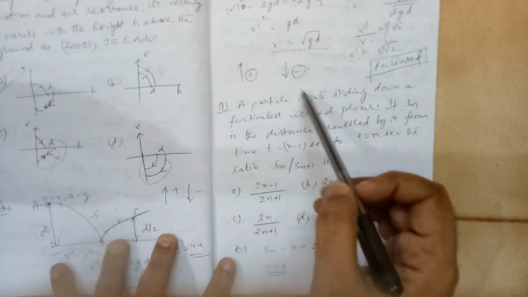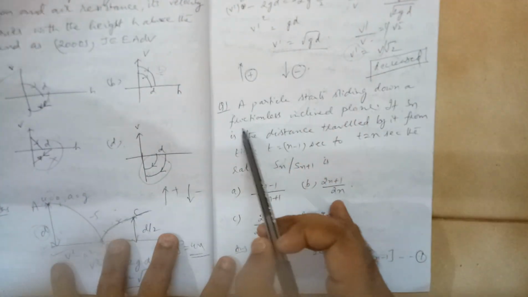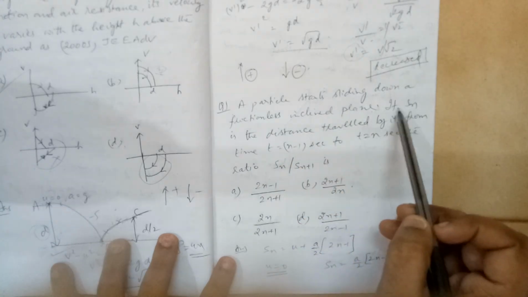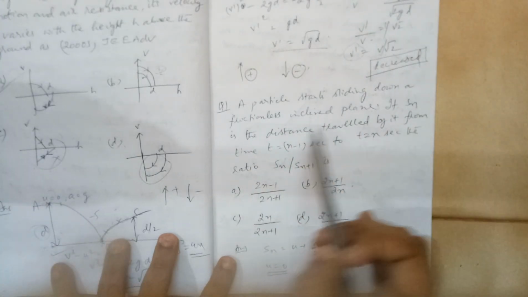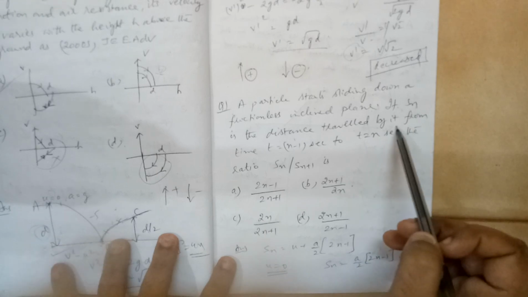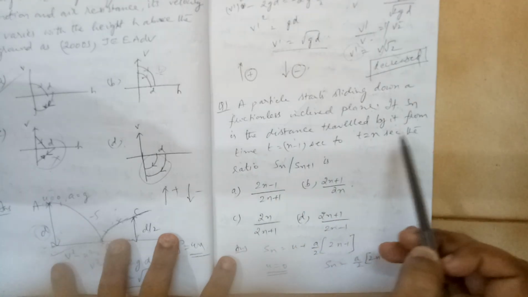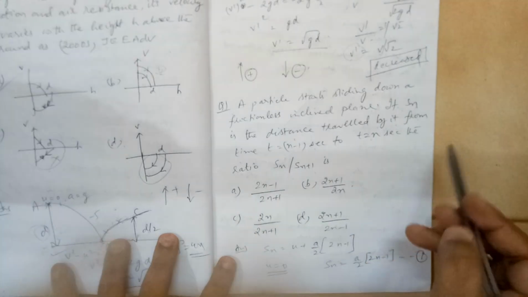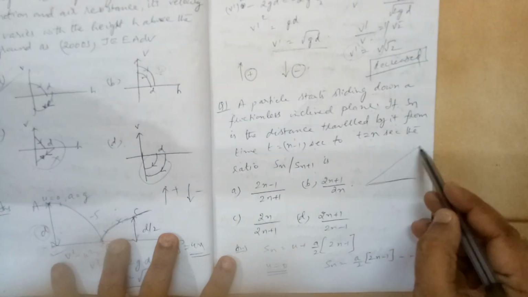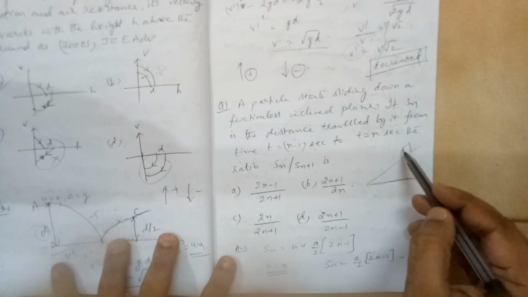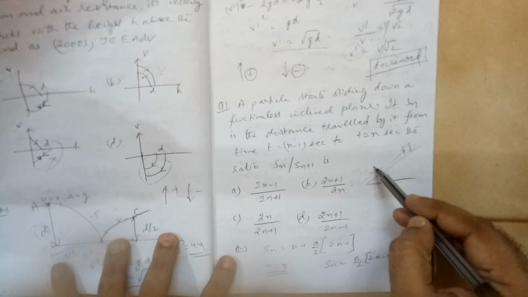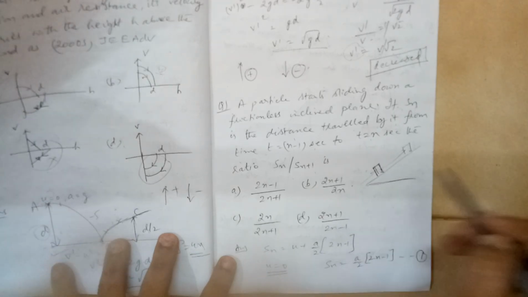Alright. A particle starts sliding down a frictionless inclined plane. If Sn is the distance travelled by it from time t is equal to n minus 1 to t is equal to n, the ratio of Sn by Sn plus 1. So there is an inclined plane like this, and let us say the block is sliding like this, and it is now here.